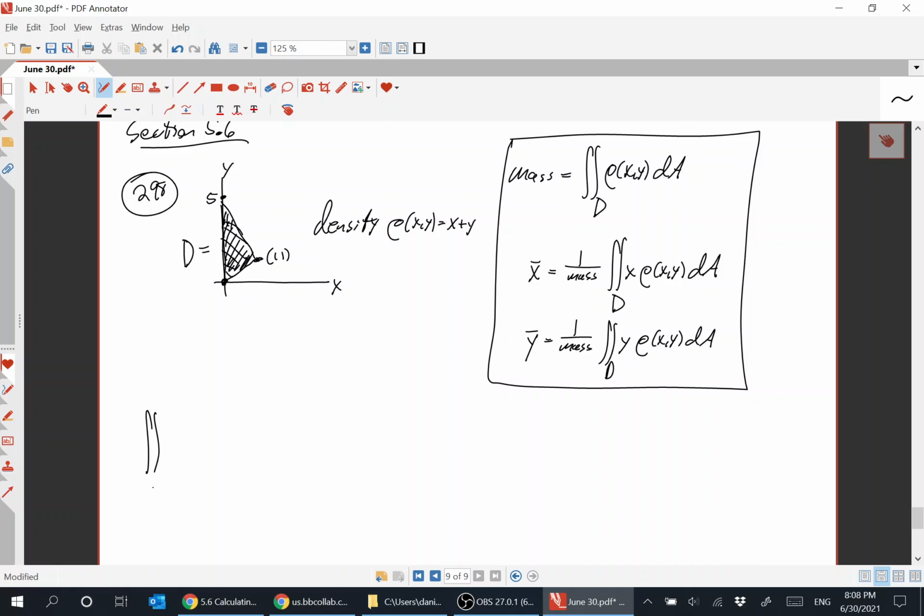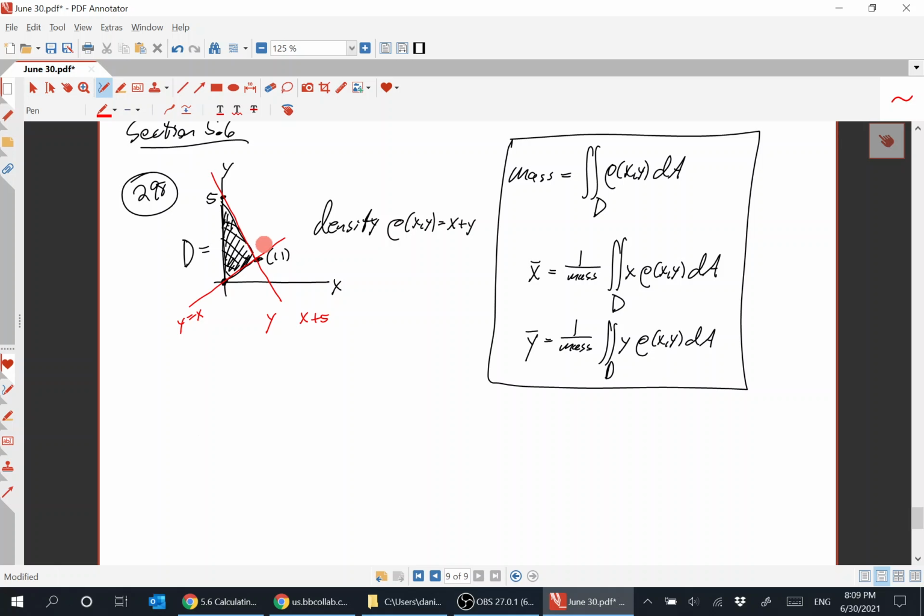So double integral over D of rho. Oh, we have to describe D, don't we? So what's this line? This is the line y equals x. And what's this line here? This is the line y equals slope times x plus b, which is 5. What's the slope?